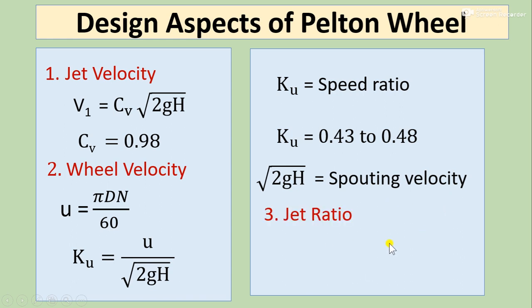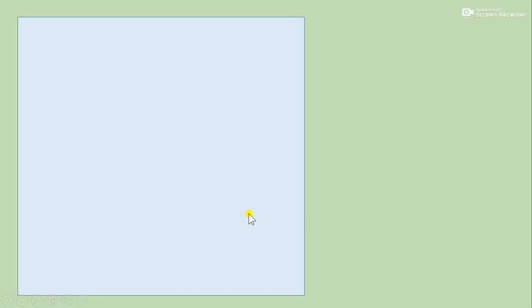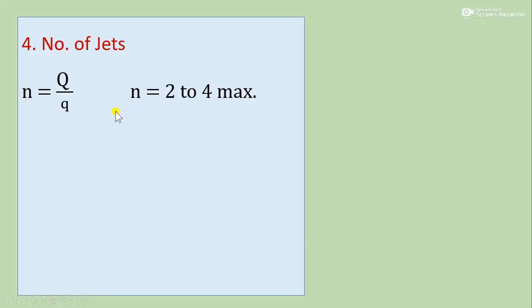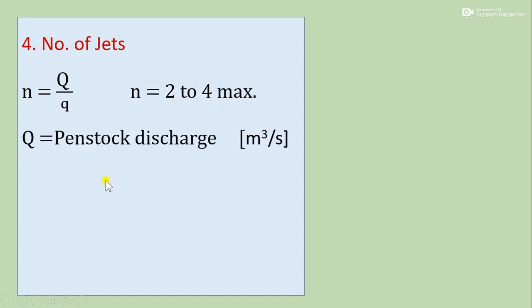Jet ratio is given by M, that is capital D, means wheel diameter to jet diameter, and this ratio is taken in the range of 11 to 16. Number of jets can be calculated by using formula N is equal to penstock discharge divided by jet discharge, and number of jets are in the range of 2 to 4.